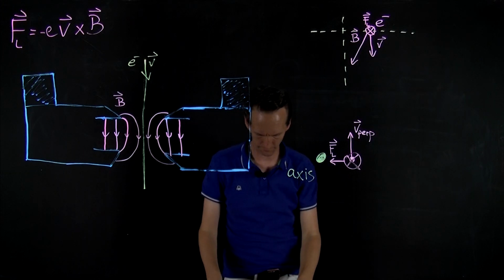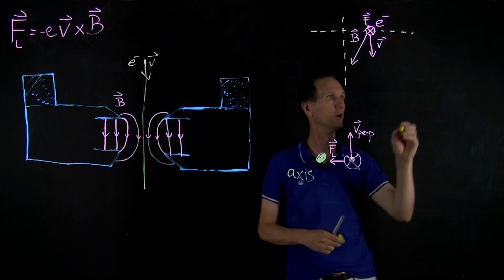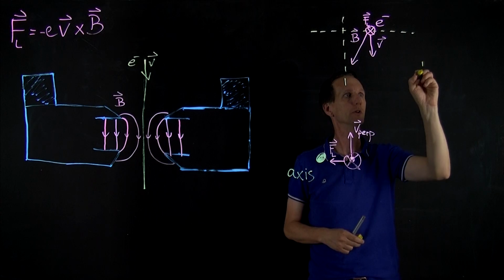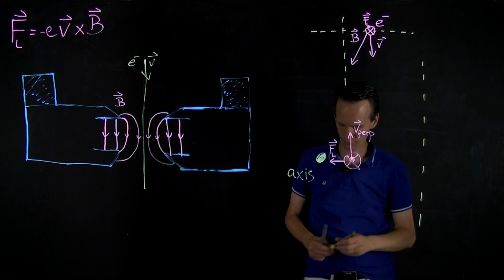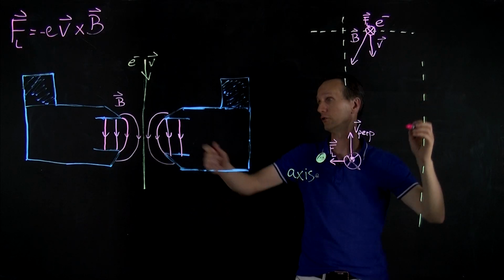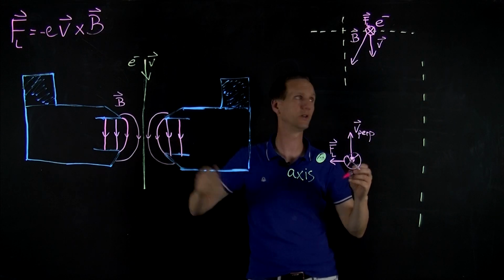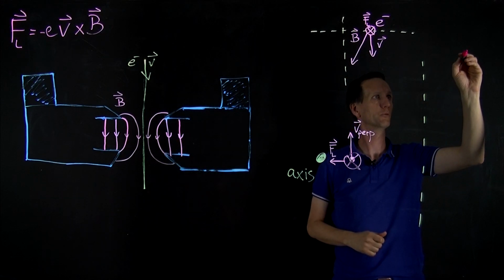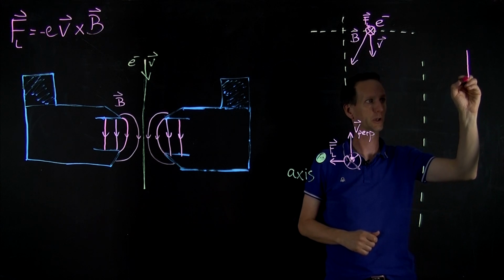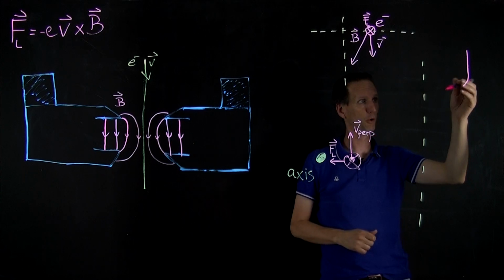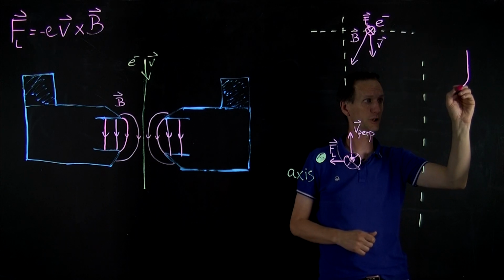So if we look at what happens with an electron traveling inside this field here, the electron would come into the field region. It will start its spiral motion, both in the plane and towards the axis.